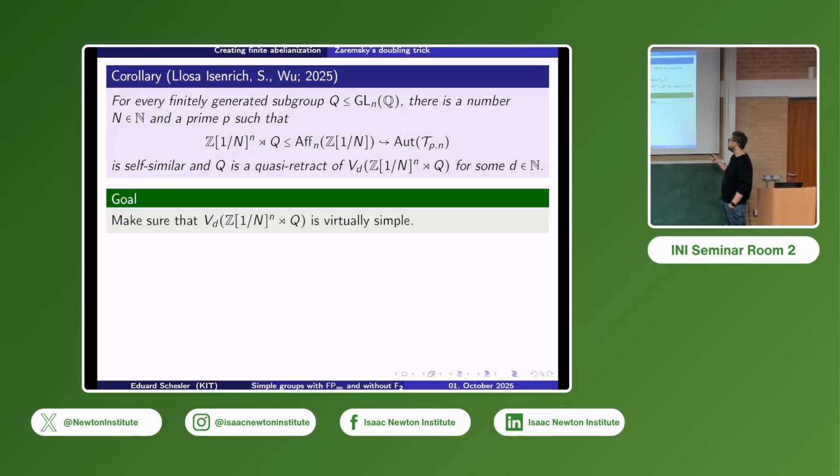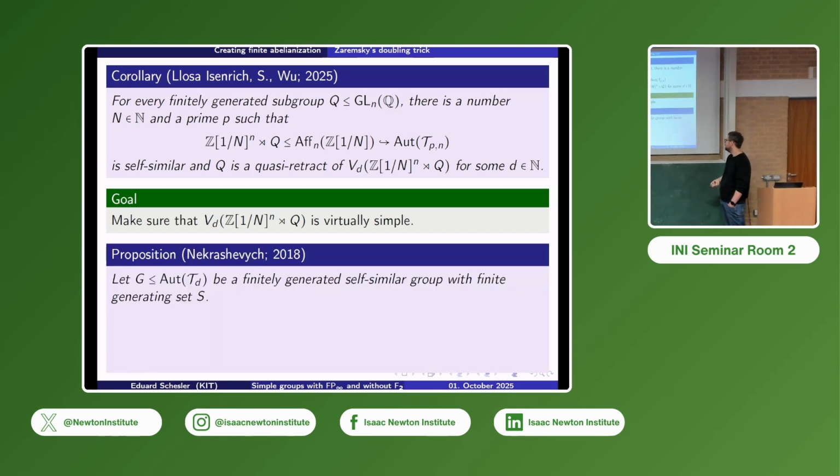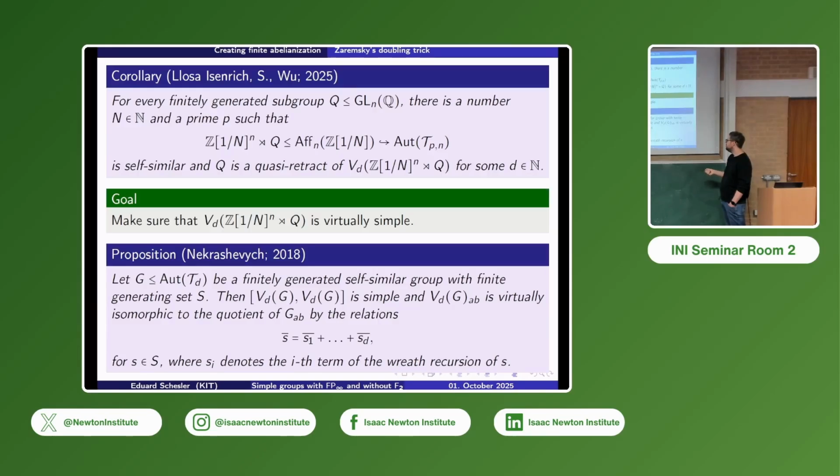First of all, this might not be virtually simple, and second, the finiteness properties of this group might be worse than those of Q. Yeah, like if Q is the trivial group, then this is not even finitely generated. So these two problems we still have to face. But we know explicitly what the abelianization of the Röver-Nekrashevych group is. So we will use this information.